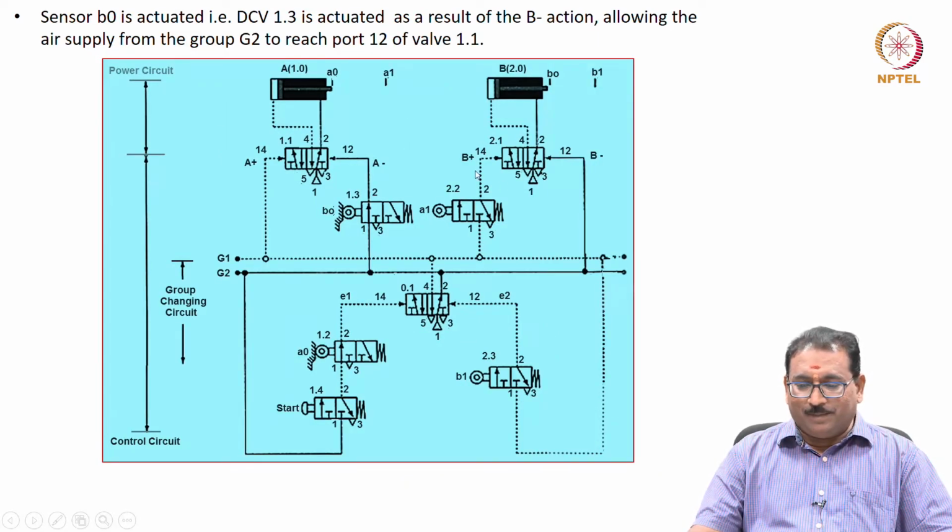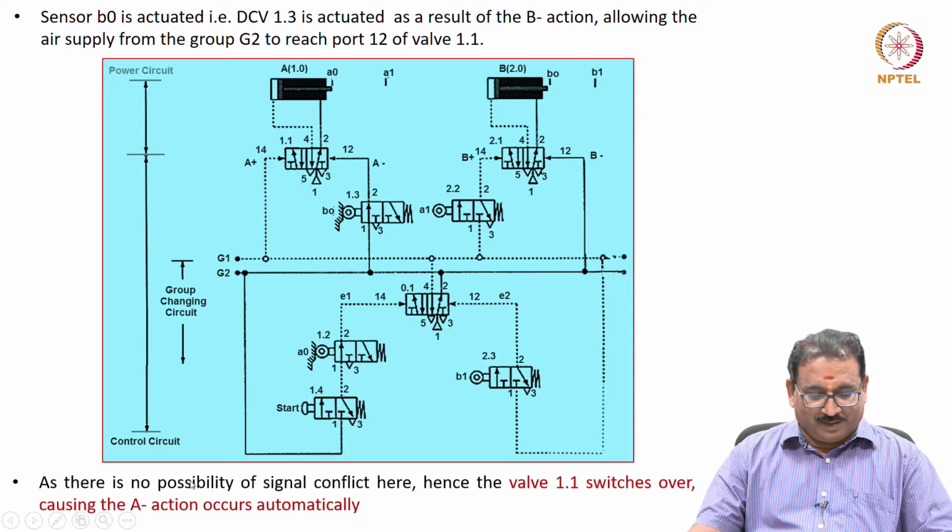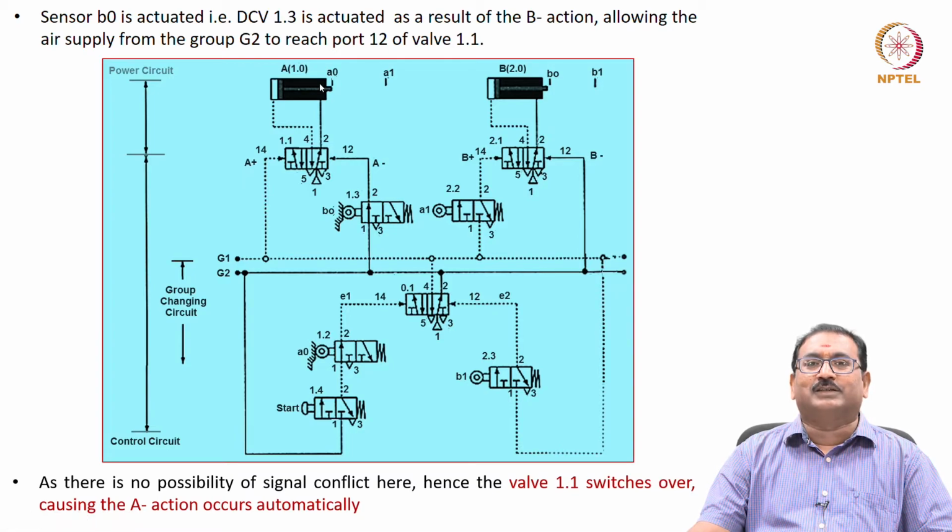So, sensor B0 is actuated, meaning the DCV 1.3 is actuated as a result of the B minus action, allowing the air supply from group G2 to reach port 12 of valve 1.1. As there is no signal conflict here, valve 1.1 switches over, causing the A minus action.